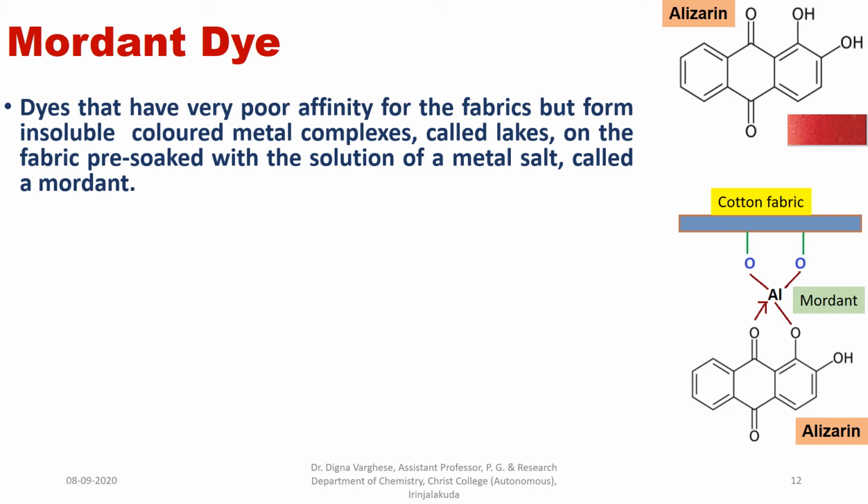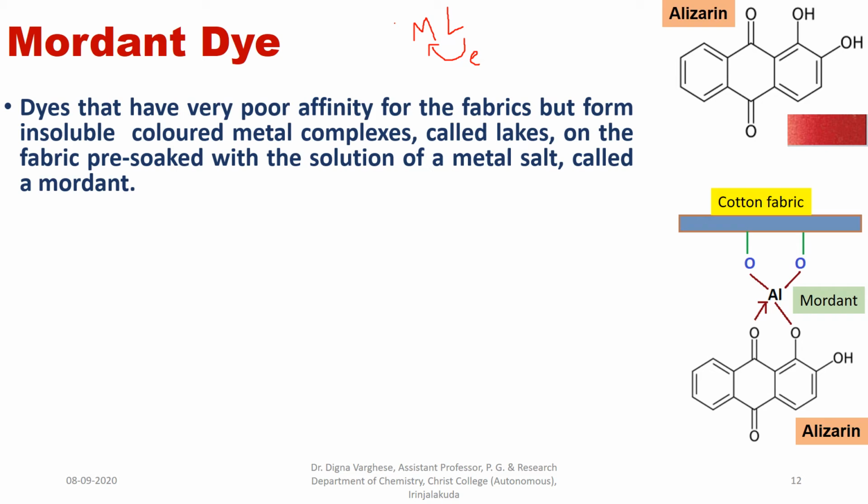We know a metal complex has a central metal atom surrounded by ligands. A ligand is actually an organic compound that will donate electrons to the metal atom.